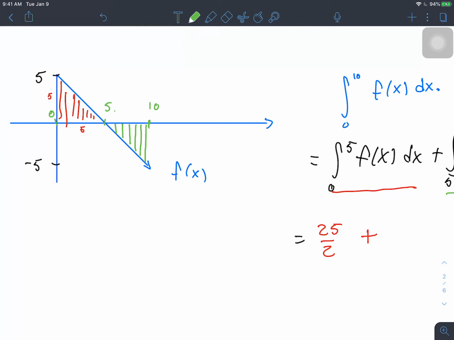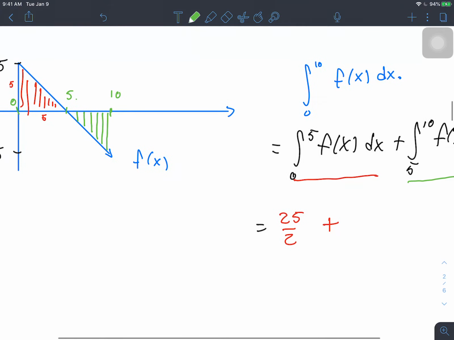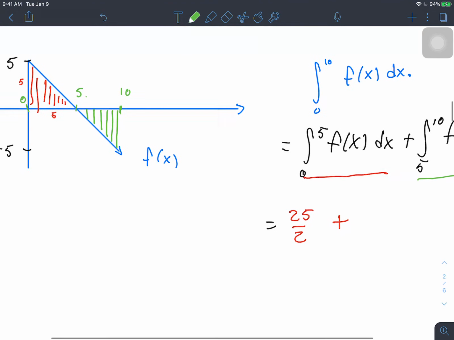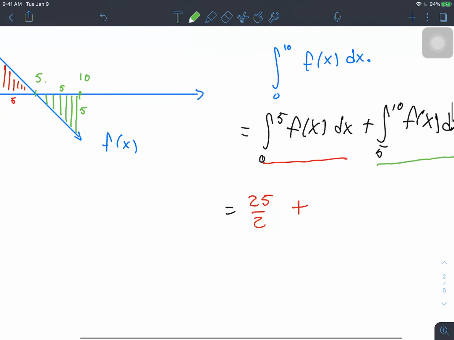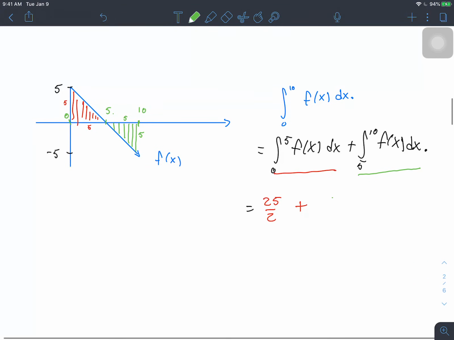That's what's going to be the integral from 5 to 10 of this function. This is just a triangle with base 5 and height 5. So we get 25 over 2, but we make it negative since f of x lies beneath the x-axis.